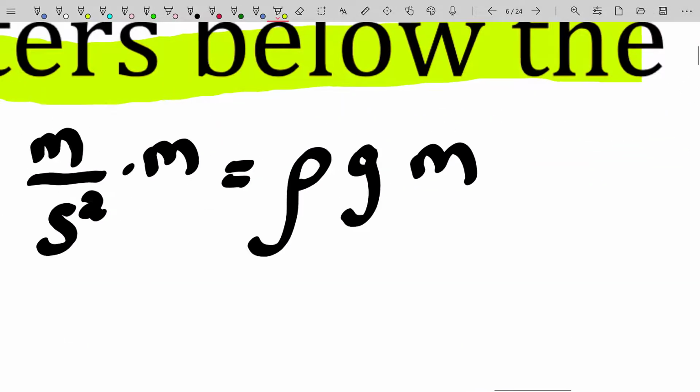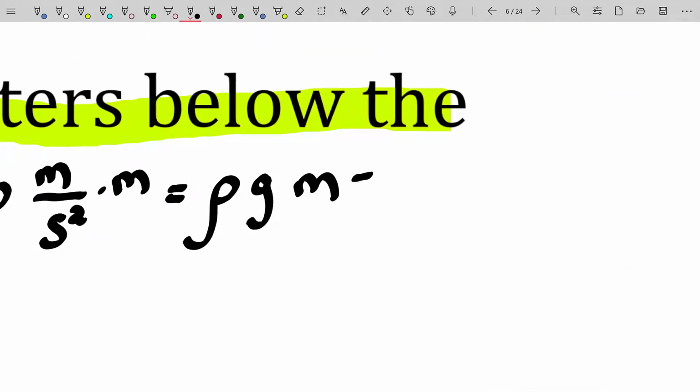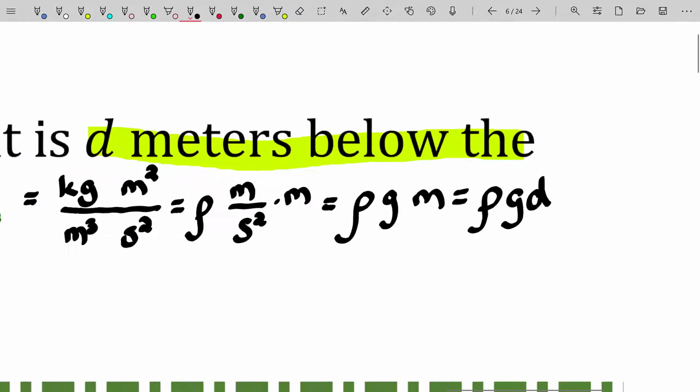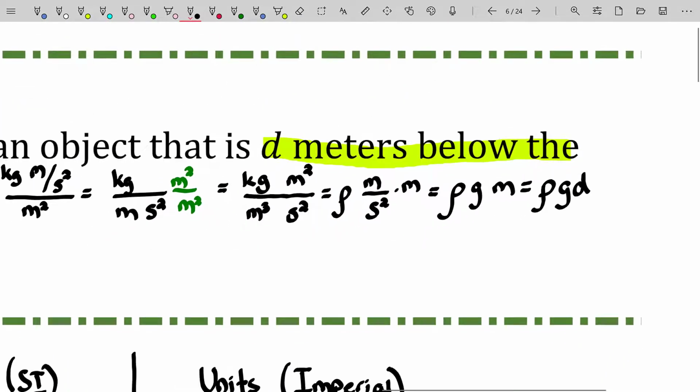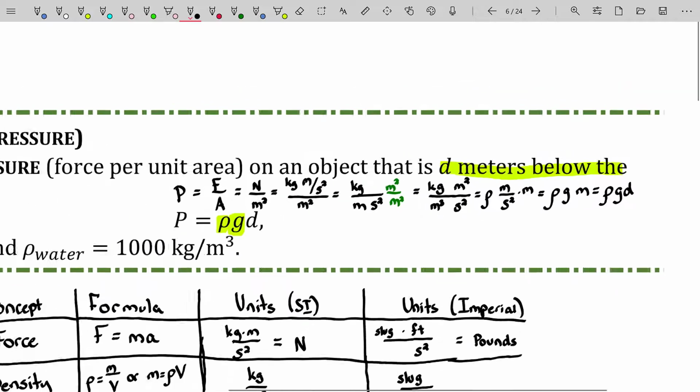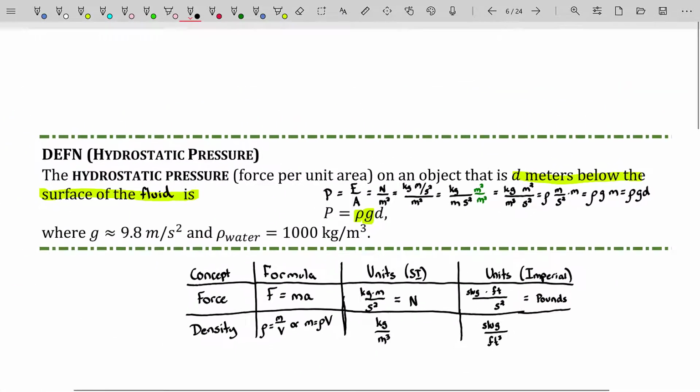Well, look at this. The unit we have left over is in meters. So I can go ahead and say that's just a distance, specifically a distance below the surface of the fluid. So this is rho g d. Density, gravitational pull, acceleration due to gravity that is, and distance below the surface of the fluid.